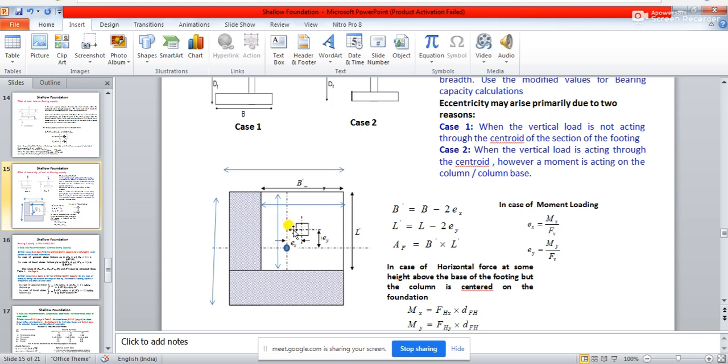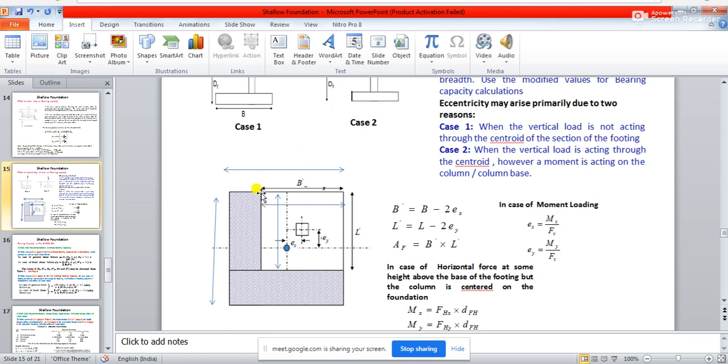So, if you are putting an eccentricity in the x direction by an amount Ex, to balance on both sides, you need to shift the centroid of this column and put the centroid at a perfect position.